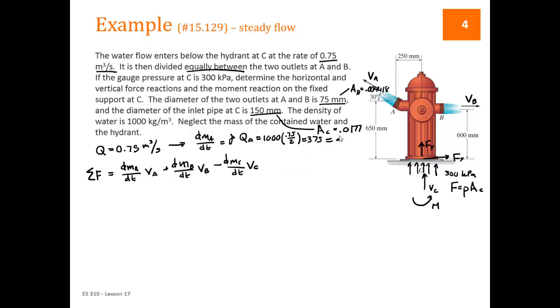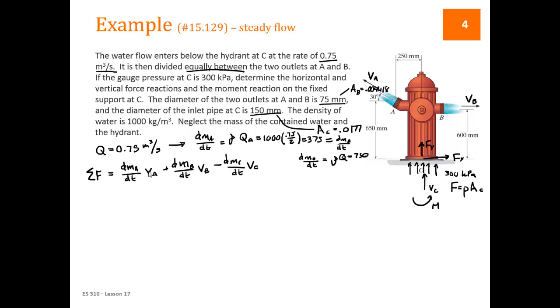And the last one is dmC/dt, which is equal to just rho Q, which is 750. So we now know dmA, dmB, and dmC.